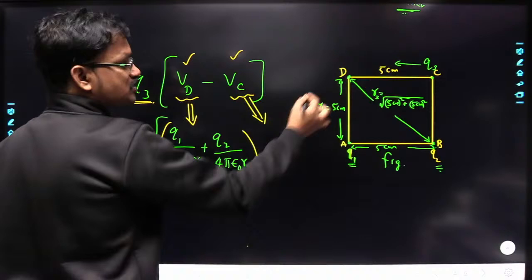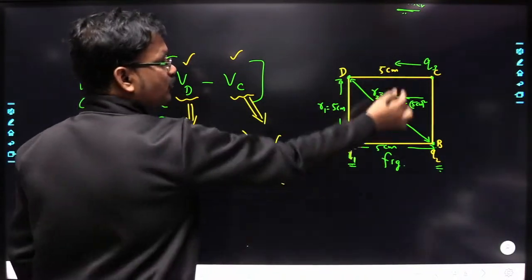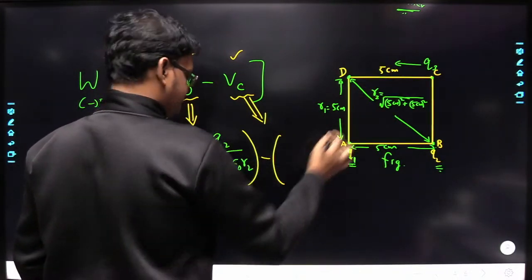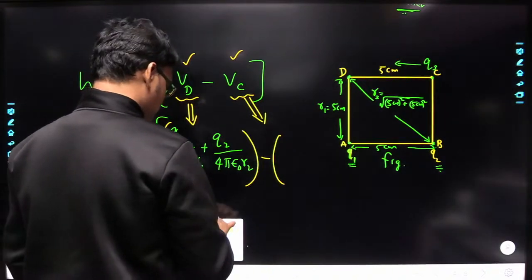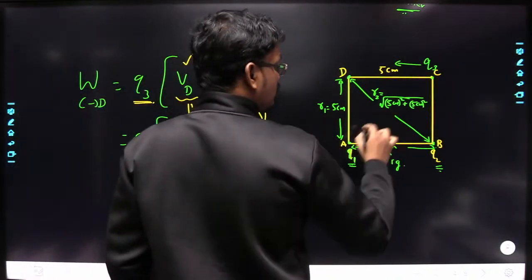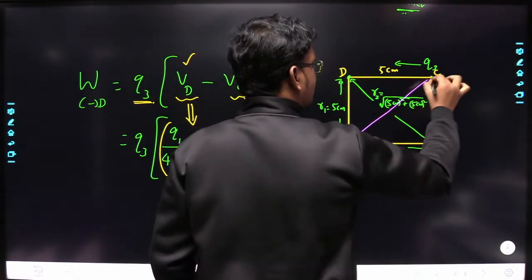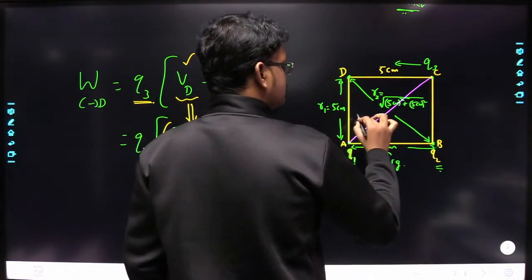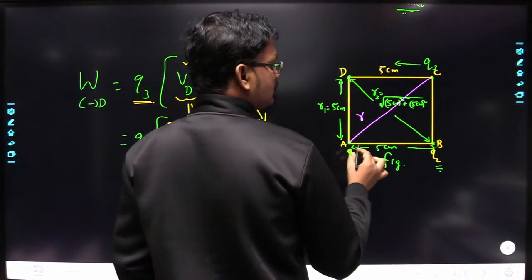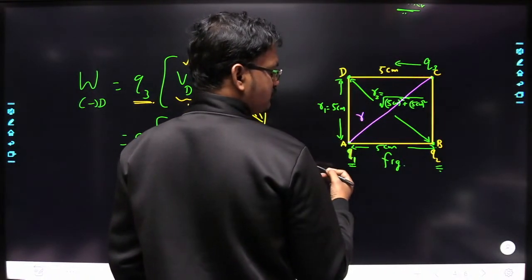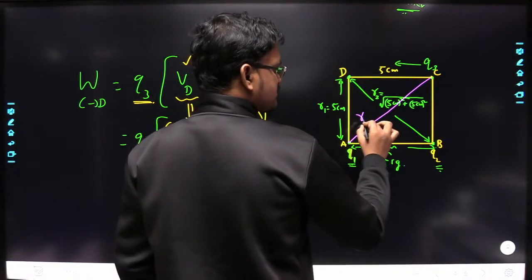So the potential at C is nothing but what here? The potential at C due to Q1. So the distance from here to here, let us name this as R3.